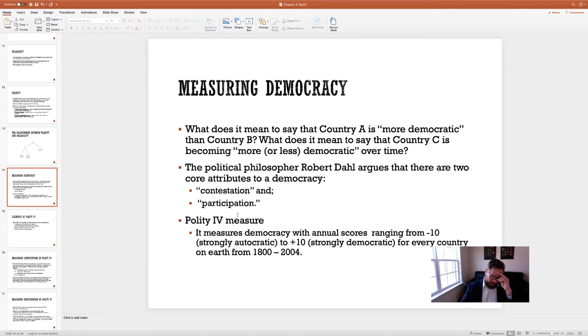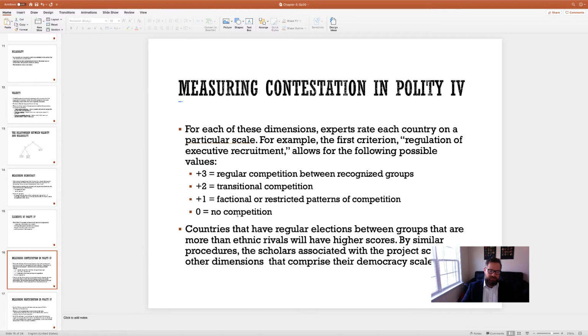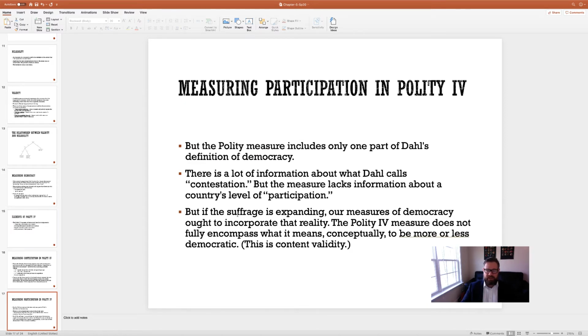A very small group of very powerful individuals participated in elections. And you can see from each of these elements of Polity, there's really no accounting for participation at all. It's all about competitiveness and not about participation. And so this would be a measure which tends to have problems with what we called content validity.